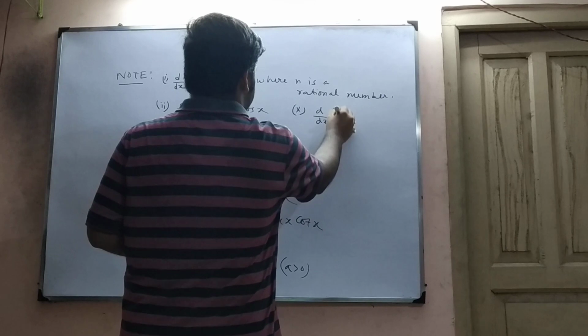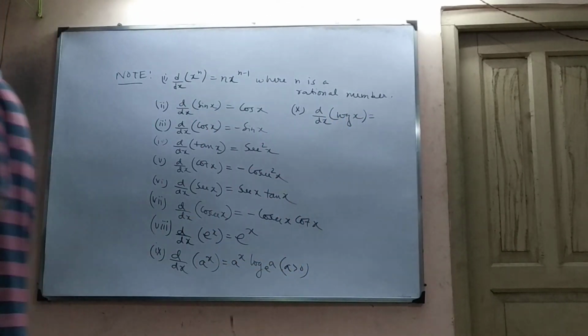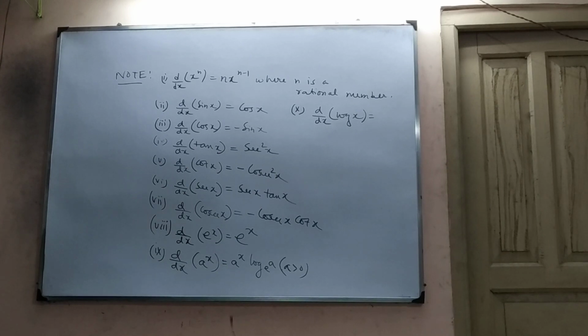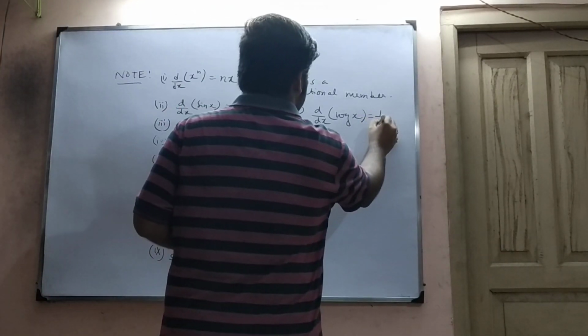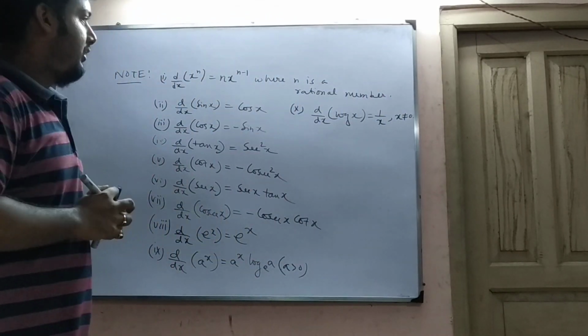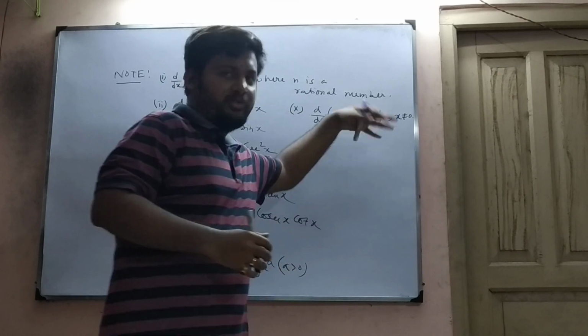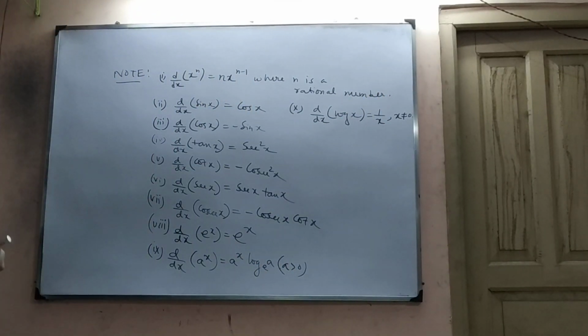What is derivative of log x with respect to x? That is nothing but 1 by x, where x must be not equal to 0. If x equal to 0, then 1 by 0 is undefined. That's why x must be not equal to 0.